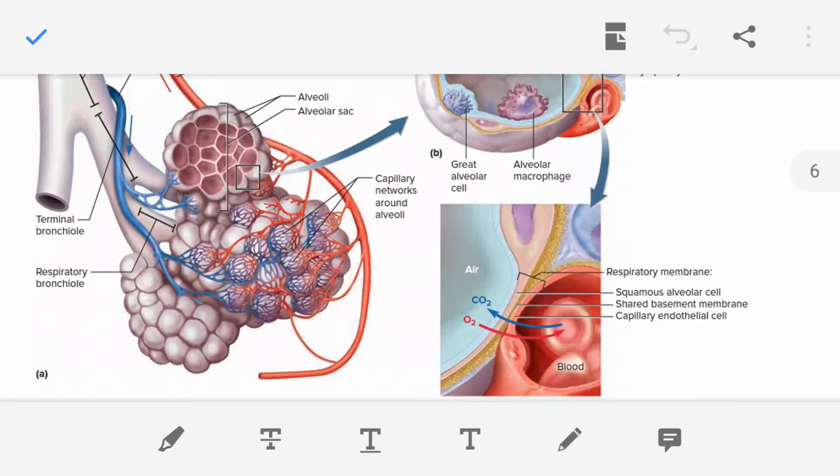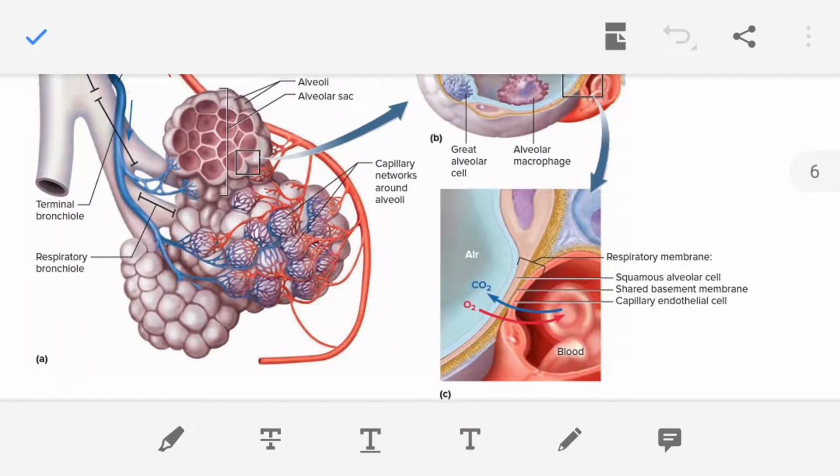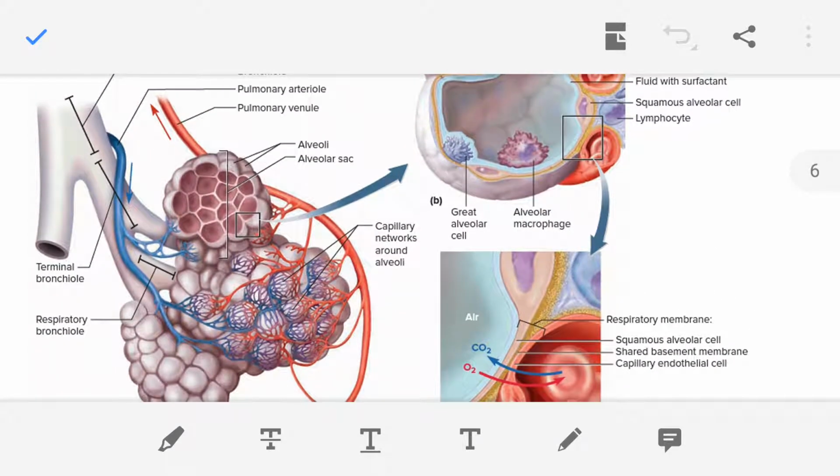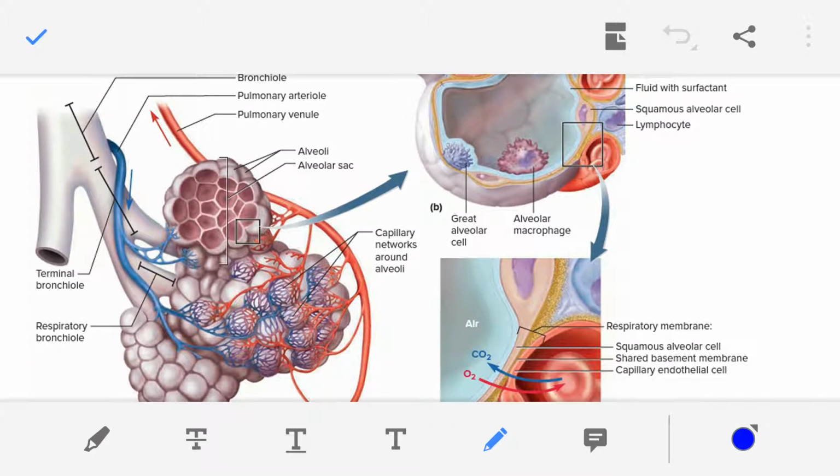In this figure you see this blue color duct is the pulmonary arteriole. The blue color means it is bringing deoxygenated blood, the blood which is rich in CO2.